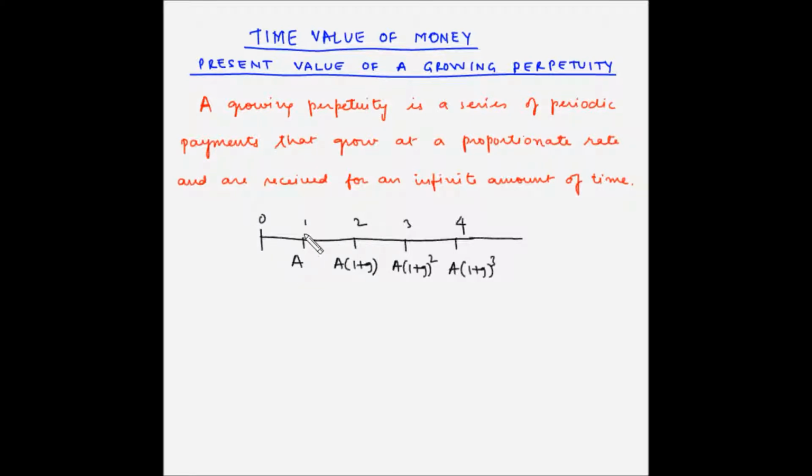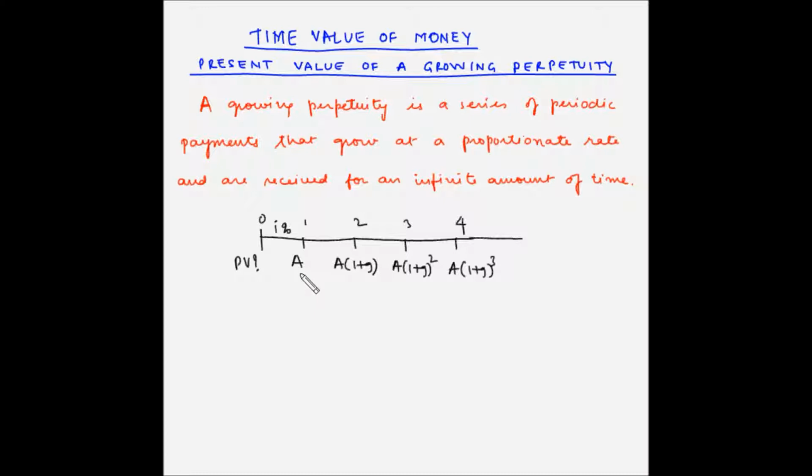Now let's say for this perpetuity, the rate of interest per annum is i%, and we want to find out the present value. In other words, how much should we invest today at i% interest per annum in order to get a perpetuity which has cash flows like this.